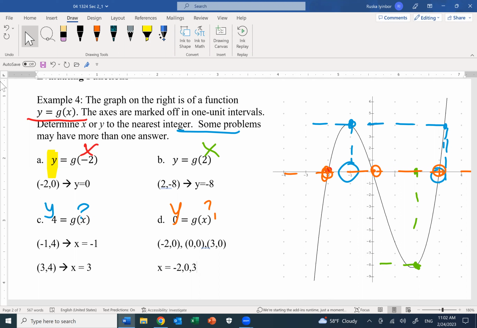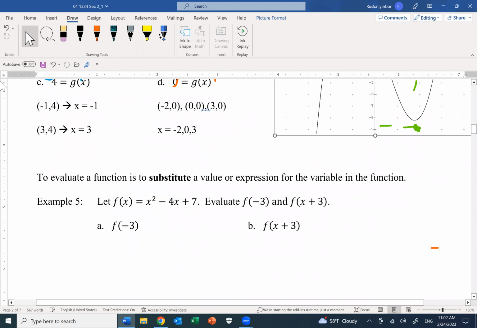Okay, now going to the next example. To evaluate a function, so this is evaluating a function looking at the graph. When I evaluate a function given as an equation, we're just going to substitute the x in the function.